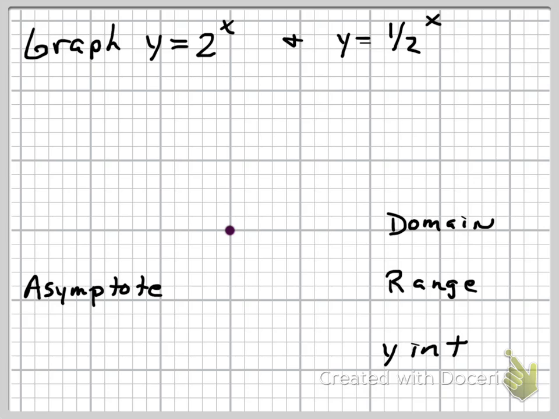Those are the features of the graph that we're going to label after we have the graph. The asymptote is something we'll talk about for the next 2 chapters. Easy concept. Don't panic.